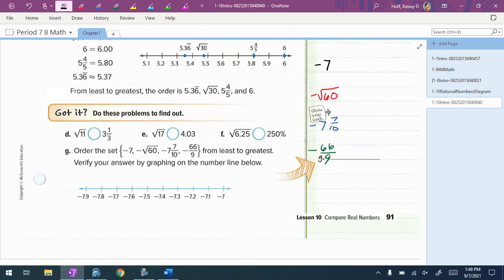If you aren't practicing this, when it comes to your homework, nobody's going to be there to help you. When it comes to your test, I can't help you. That's why we do these problems right now.